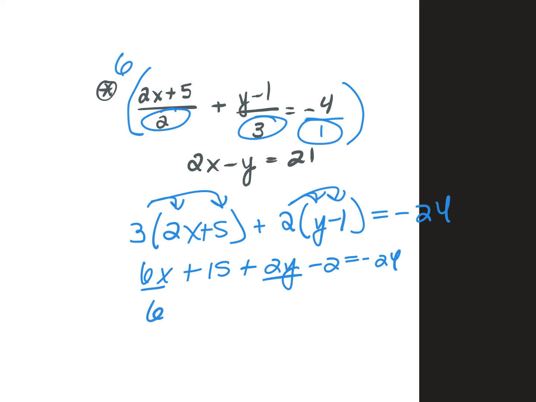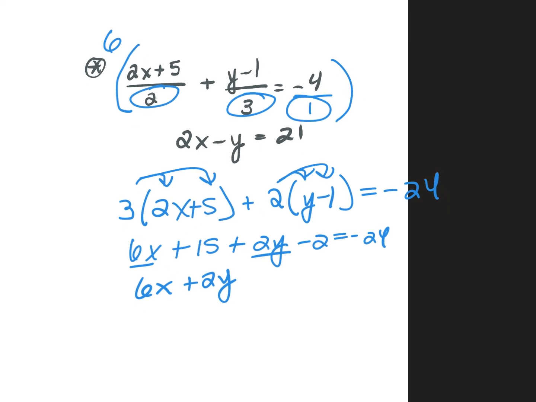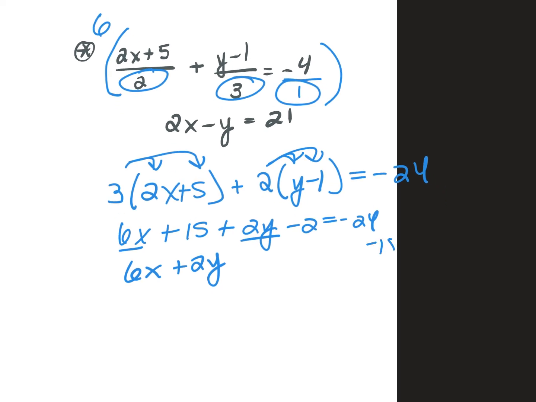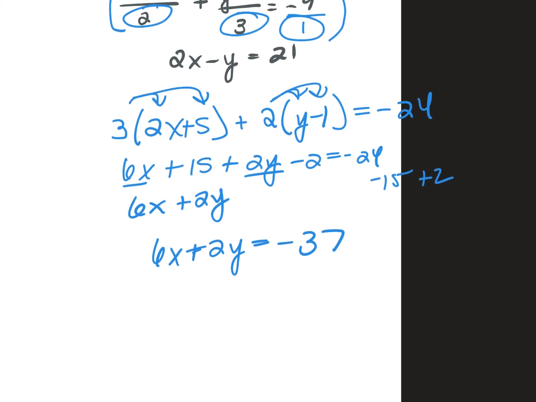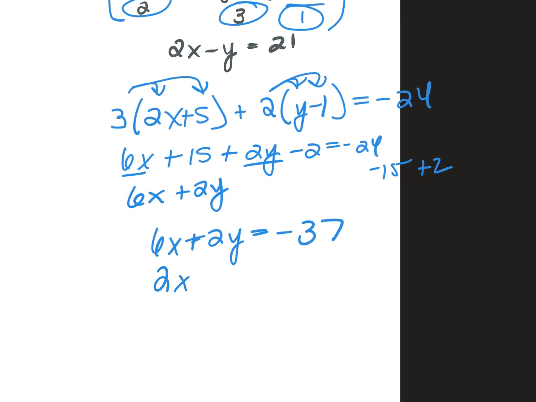So 6x plus 2y, and then I'm going to move 15 over and negative 2, so I'm going to subtract 15 and add 2. So I'll have 6x plus 2y equals negative 24, negative 15, and positive 2 is negative 37. And then I have my other equation, 2x minus y equals 21.